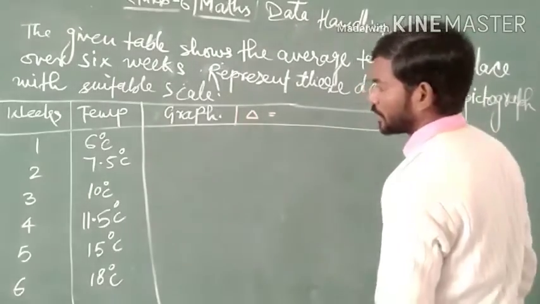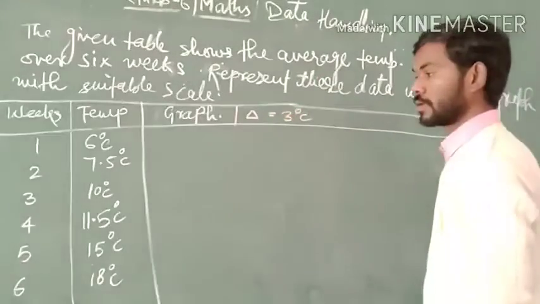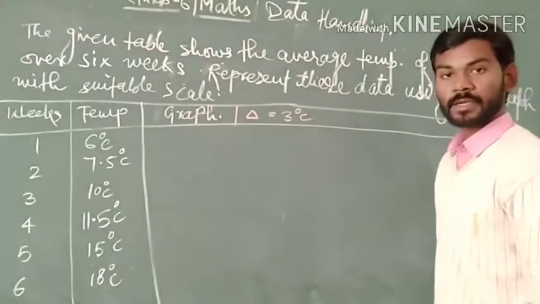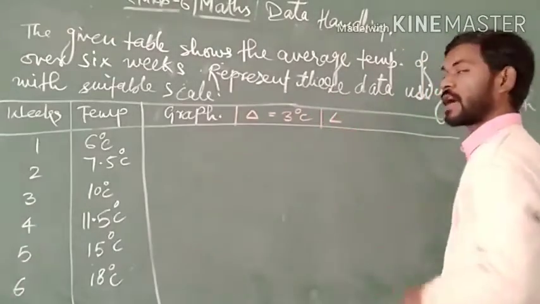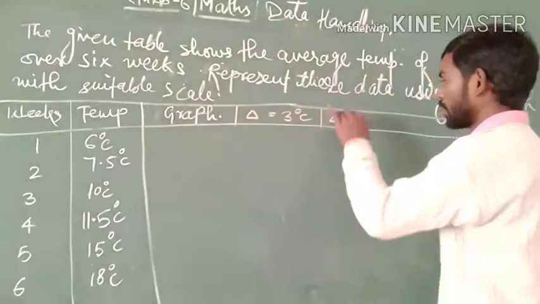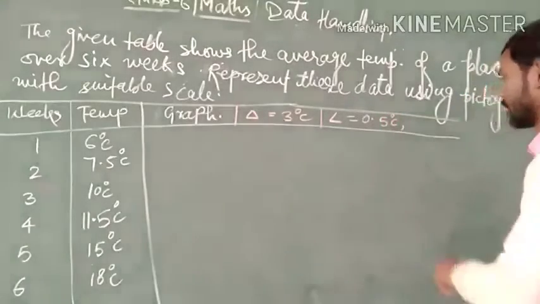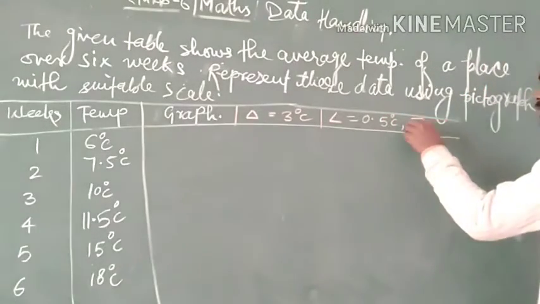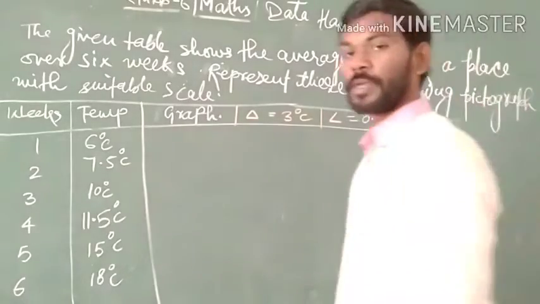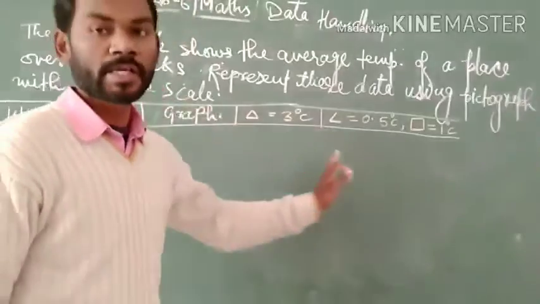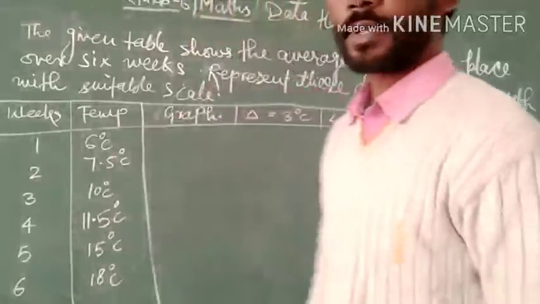The triangle will represent 3 degrees centigrade. Half triangle will represent 0.5 degree centigrade and a square will represent 1 degree centigrade. So we shall use these three symbols to represent the data on the pictogram.